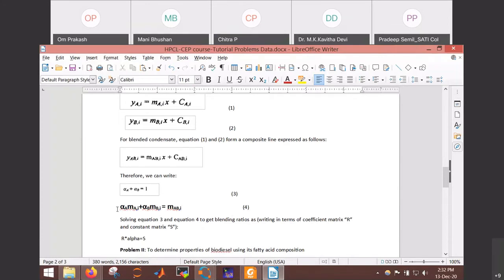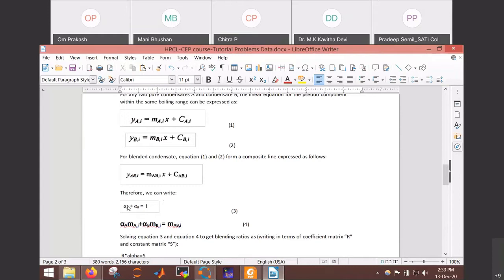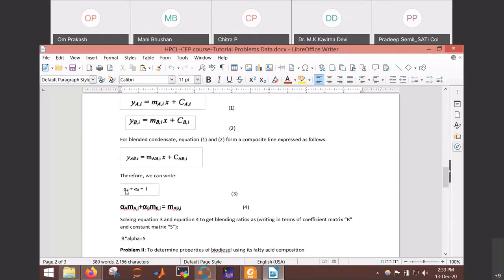This will be one of the equations, and we know that alpha A plus alpha B should be equal to 1. This alpha is my blending ratio, so using these two equations, we can find alpha.